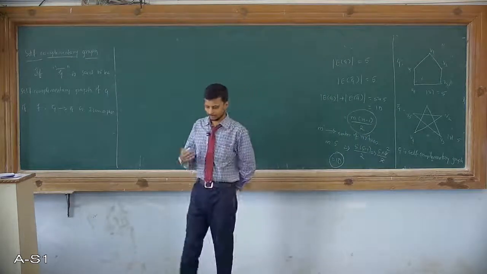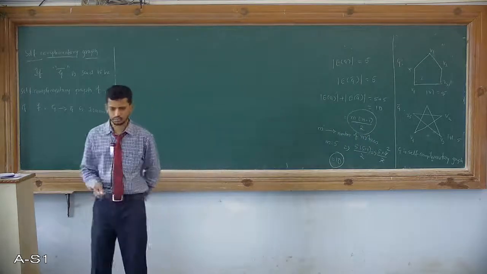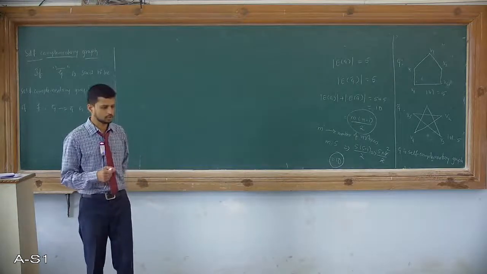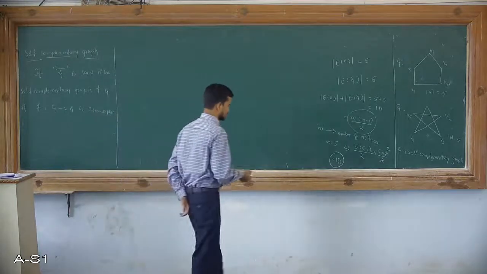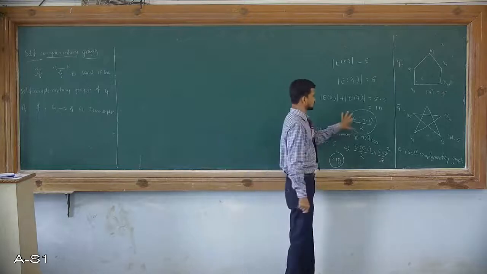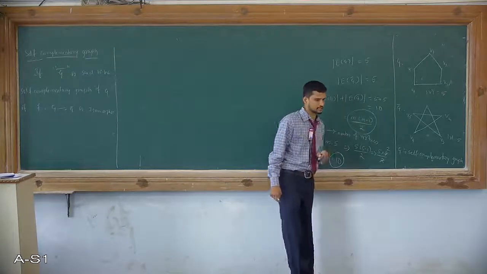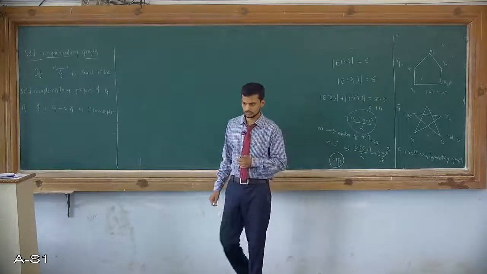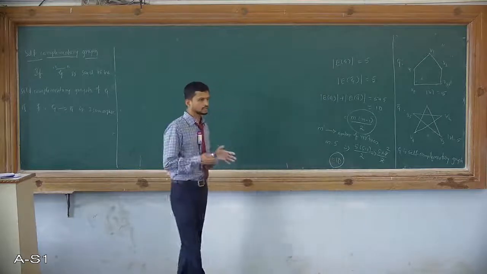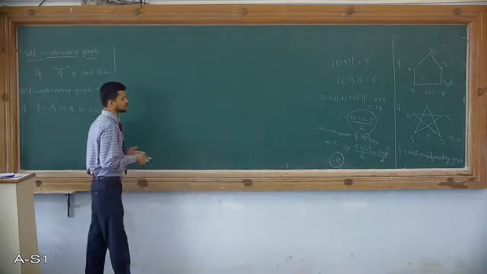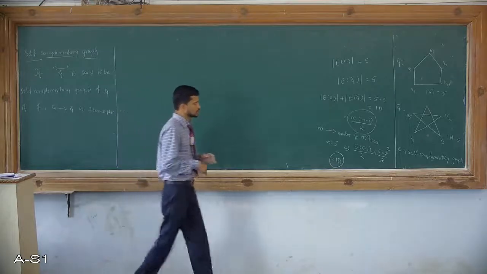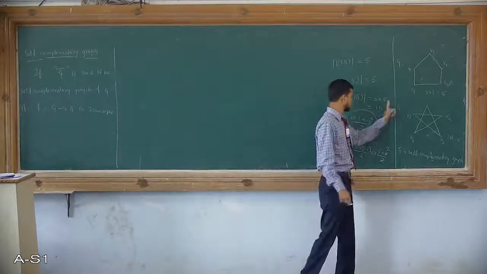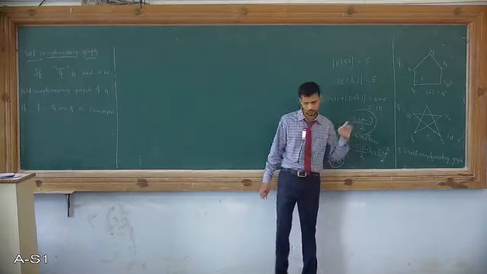I have used this expression because I want to use it in the next example. That's why I consider this concept. So in general, the total number of edges in G and G bar together is given by m into m minus 1 divided by 2.